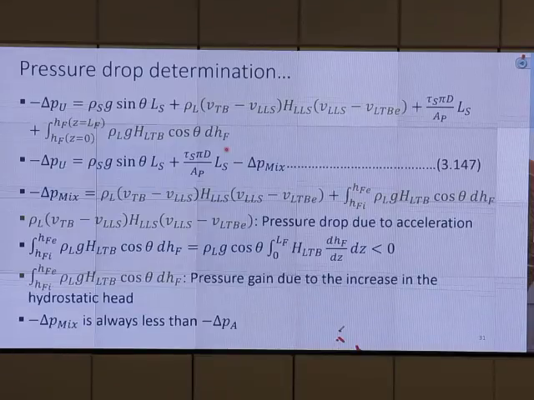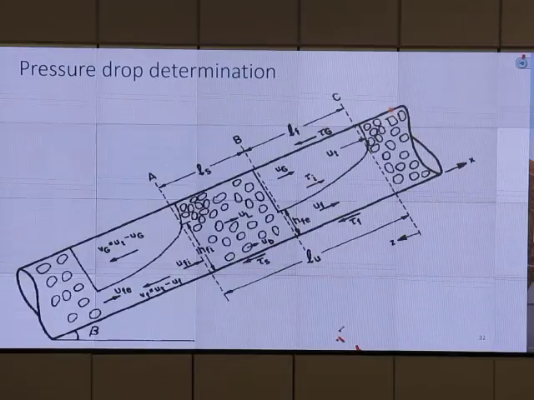Add them together, so delta P mix is always less than delta P A. If we neglect the last term, it's not good. If we neglect the last term, we should neglect that term too. And this is what we are about to go through.